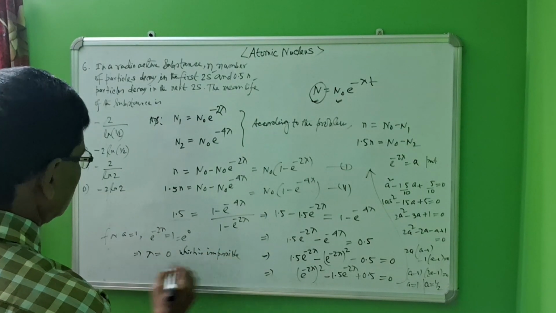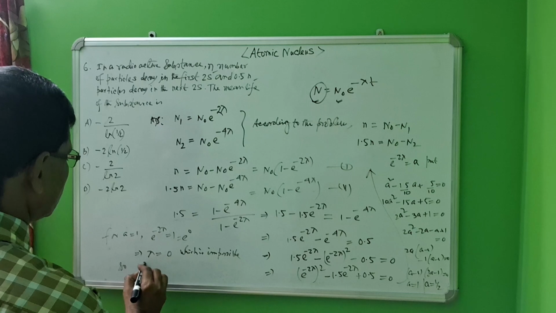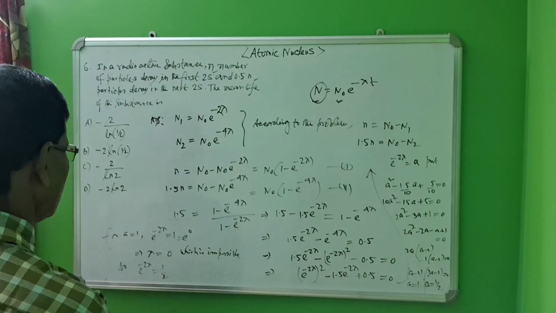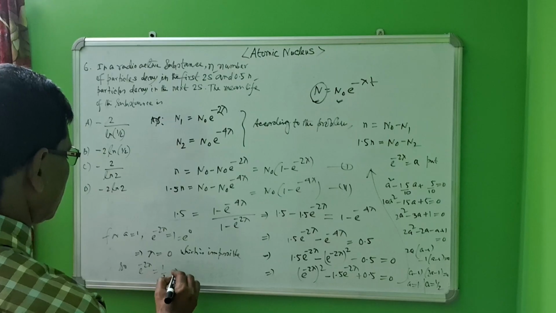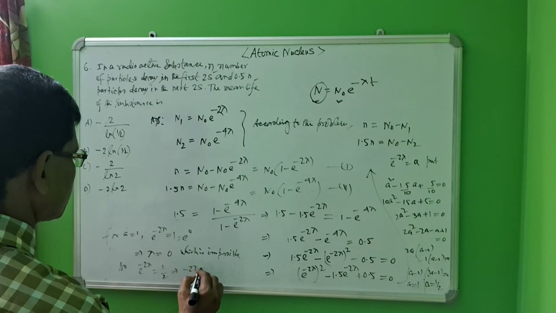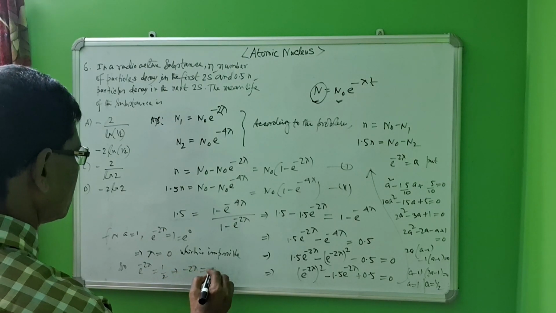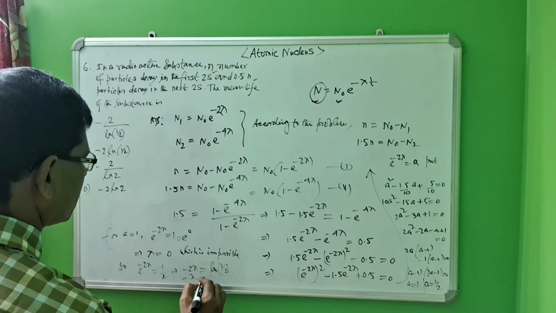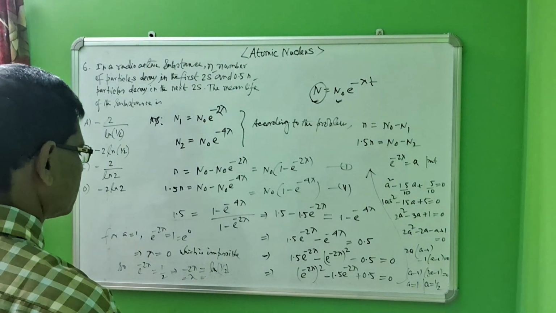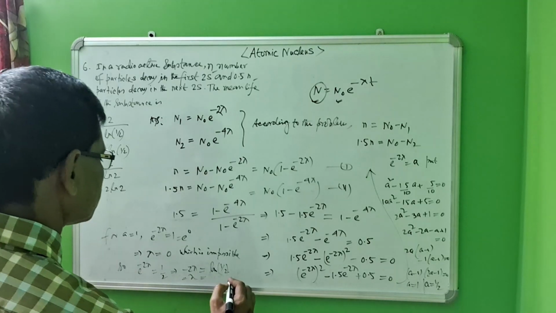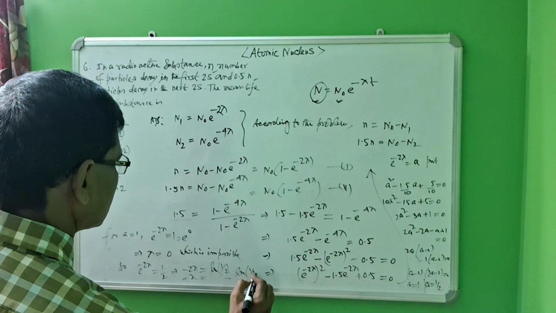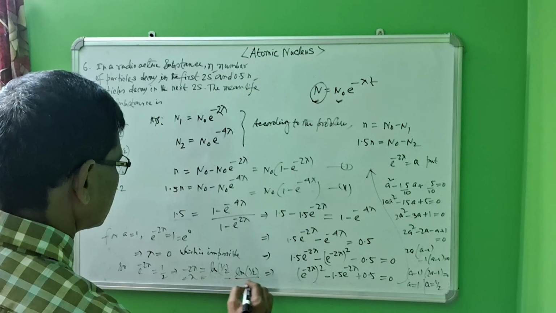So e to the power minus twice lambda equals half, implies minus twice lambda equals ln half, implies lambda equals minus ln half upon 2.